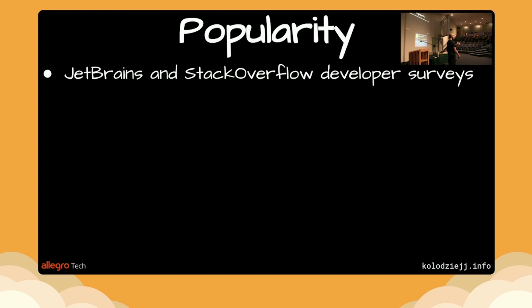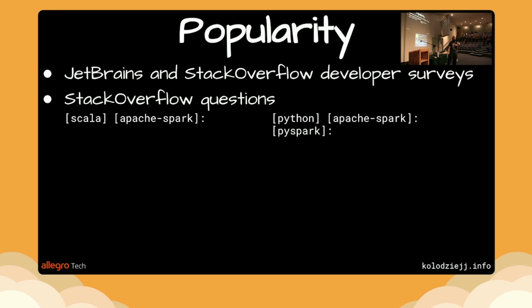Yeah, I looked at a few developer surveys. In previous versions of this presentation, I showed some numbers, but it pretty much boils down to there's not enough data in these surveys to actually tell what's more popular, Scala Spark or PySpark. So I am only showing you this.